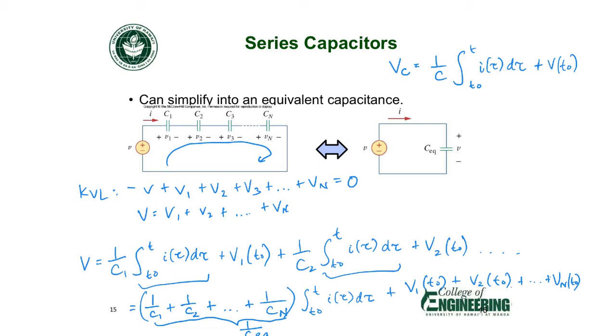Because now if I wanted to find the voltage across this capacitor CEQ, in the right-hand simplified schematic, my equation for that would be V equals 1 over CEQ multiplied by the integral plus the initial voltage across that.